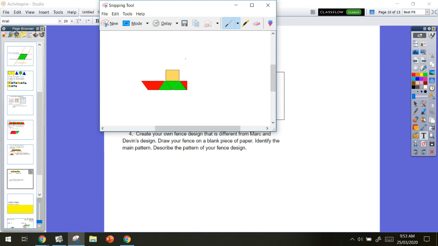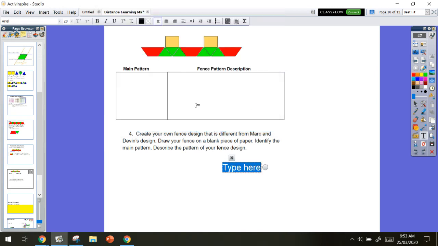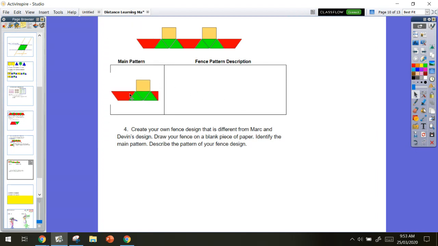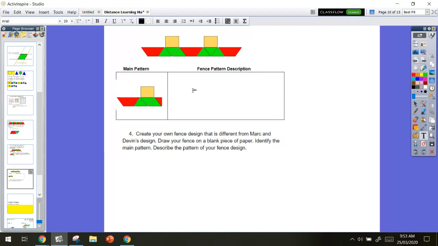So you're saying that this is the main pattern. Is that correct? Yes, Miss Claudia, because the three green triangles are stuck together, it looks like a trapezoid. It does kind of look like a trapezoid, yeah.